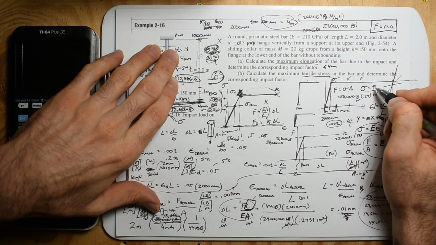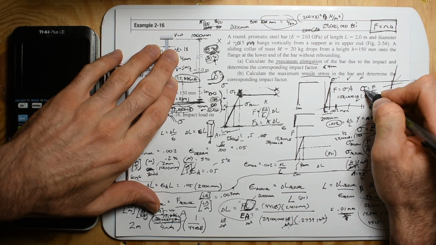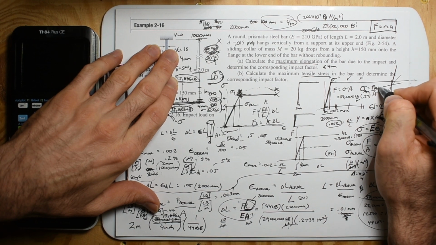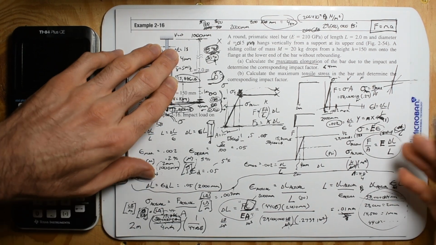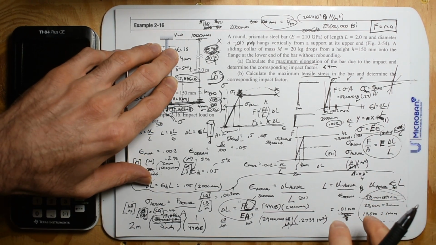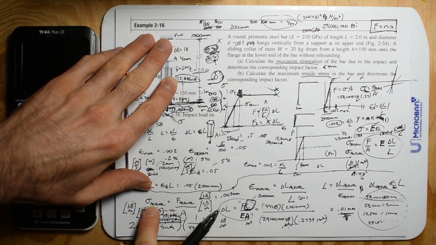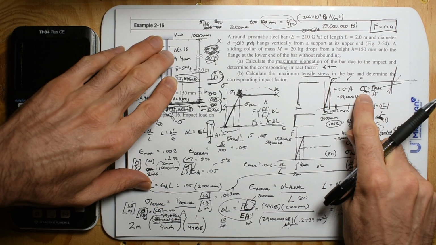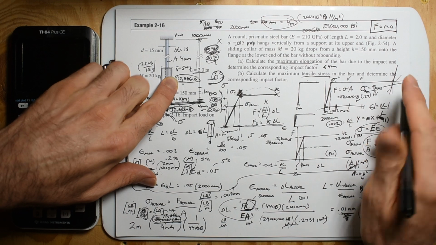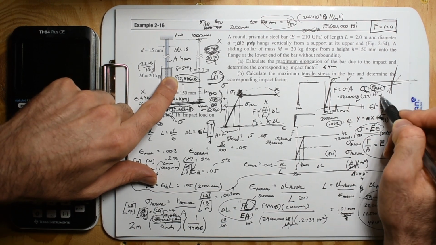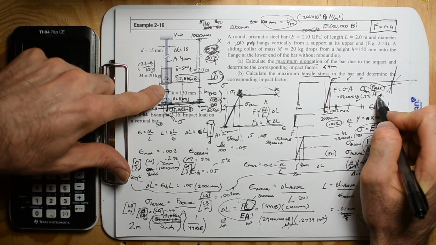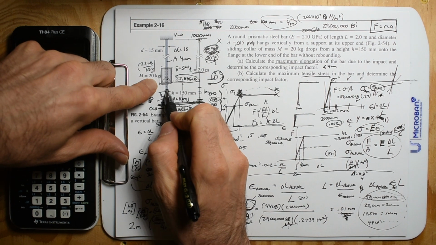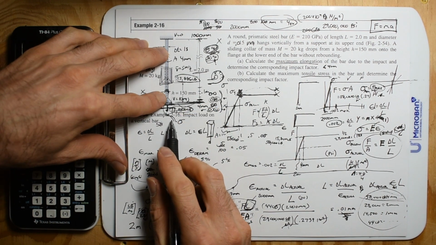We called this strength max, and that's going to be force max. Then strength actual and force actual. Strength max of 58,000 is associated with the force max because we already chose the cross-sectional area of our bar.